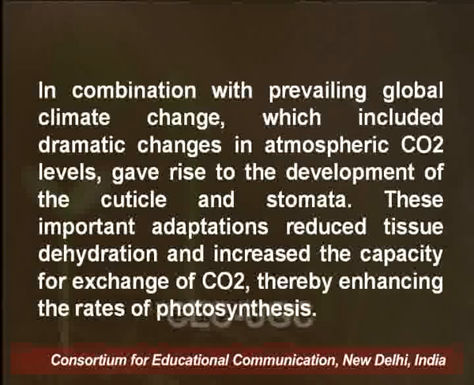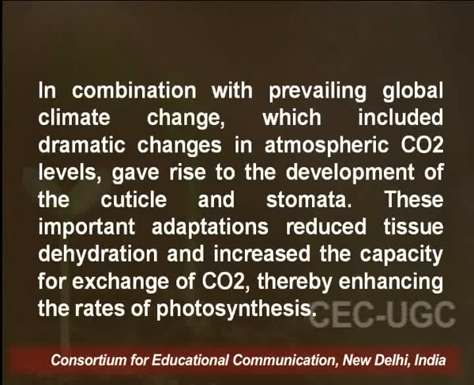In combination with prevailing global climate change, which included dramatic changes in atmospheric carbon dioxide levels, this gave rise to the development of the cuticle and stomata. These important adaptations reduced tissue dehydration and increased the capacity for exchange of carbon dioxide, thereby enhancing the rate of photosynthesis.